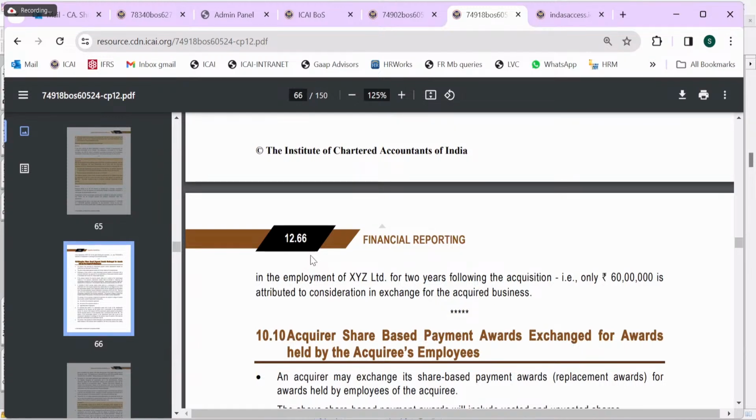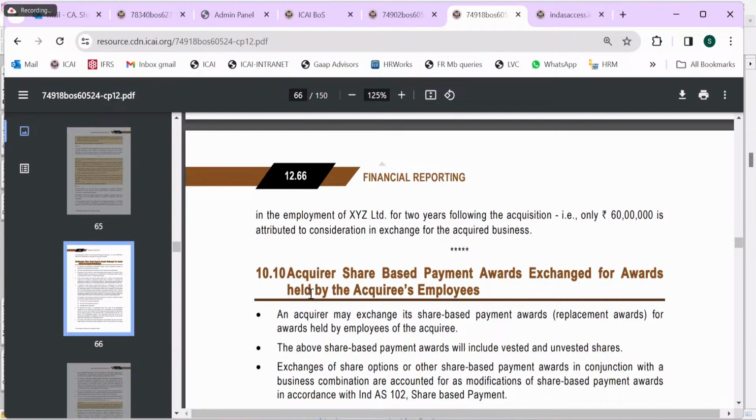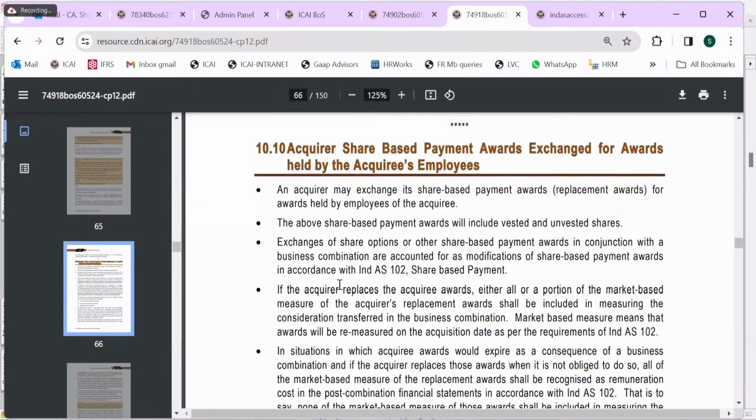This chapter is in your module 4, 12.66 and para 10.10, which talks about acquirer share-based payment awards exchanged for awards held by the acquiree employees. Okay. Now, let us read these provisions and understand each step of it. An acquirer may exchange his share-based payment awards for awards held by employees of the acquiree.